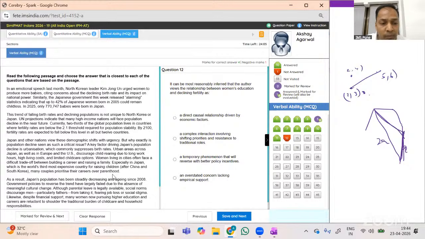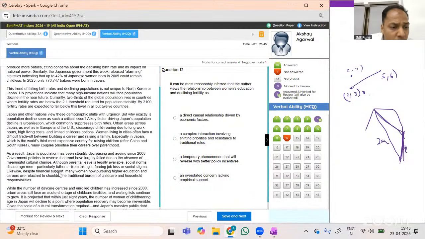Many couples prioritize career over parenthood, and even with financial support, women still go for careers. It was mentioned, financial support. In the next one: likewise, despite financial support, many women now pursuing higher education and careers are reluctant to shoulder the traditional burden of childcare and household responsibilities.